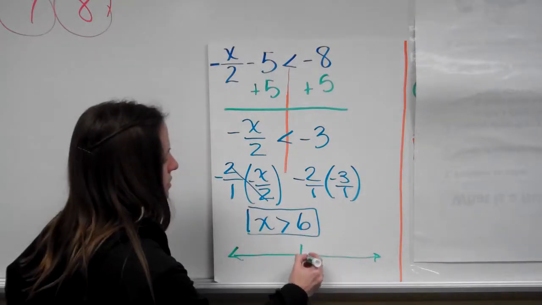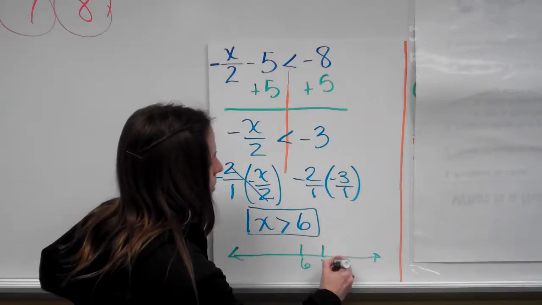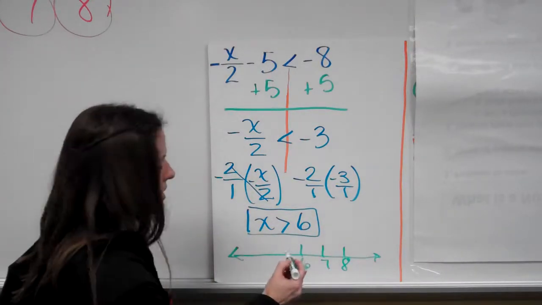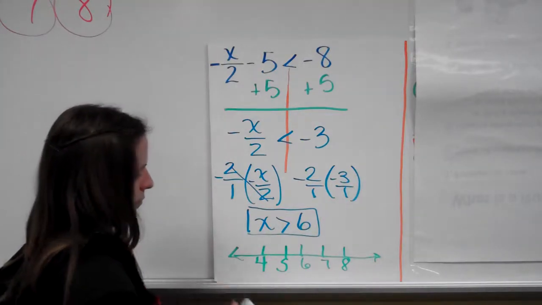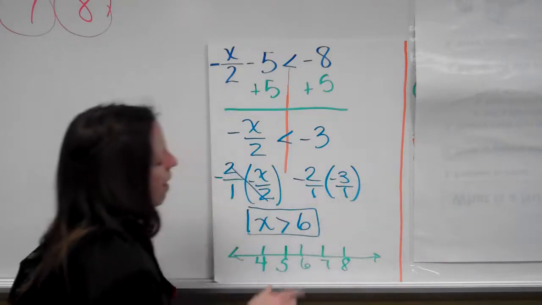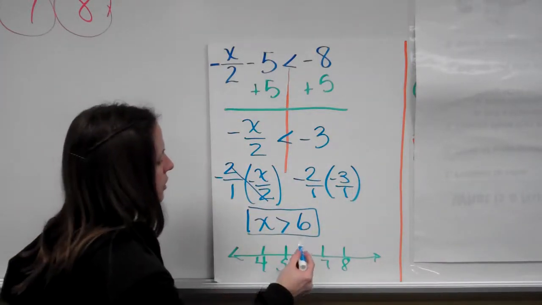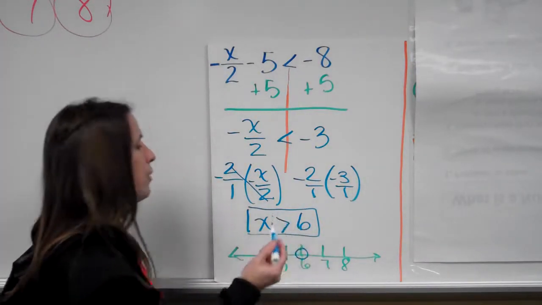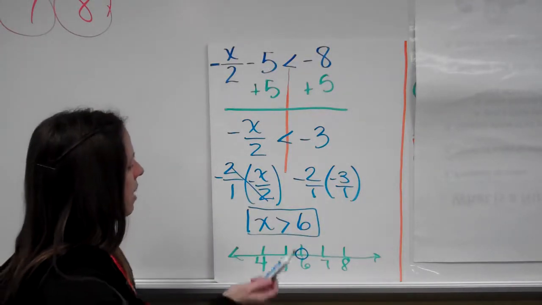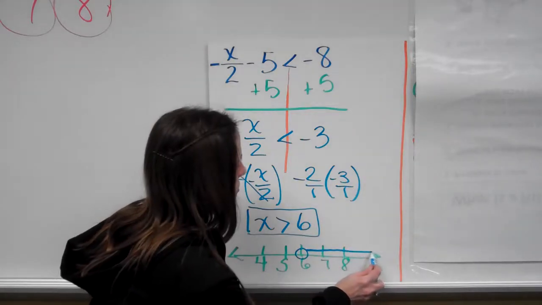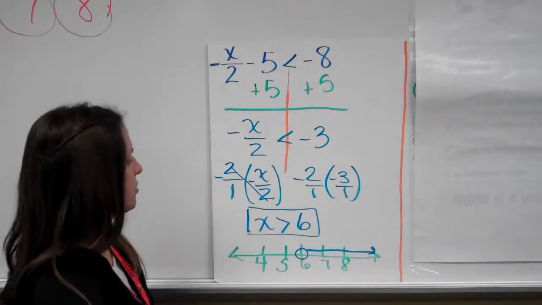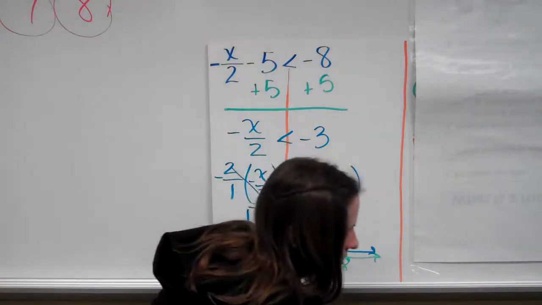Our target number 6 goes in the middle. We have 1 or 2 higher, depending, and 1 or 2 lower. This time we're going to have an open circle on our target number because it's just greater than. And being greater than 6 means to shade to the right. 7, 8, 9, and so on. And let's do our test like last time.